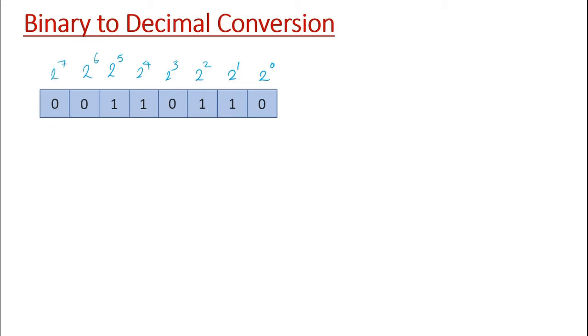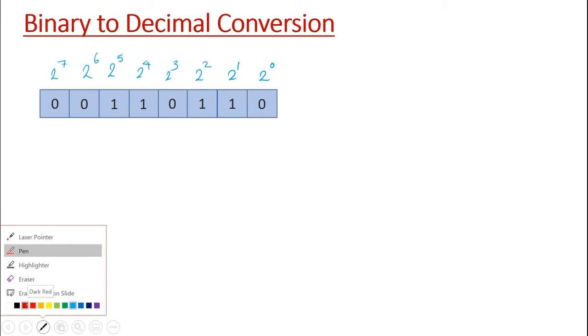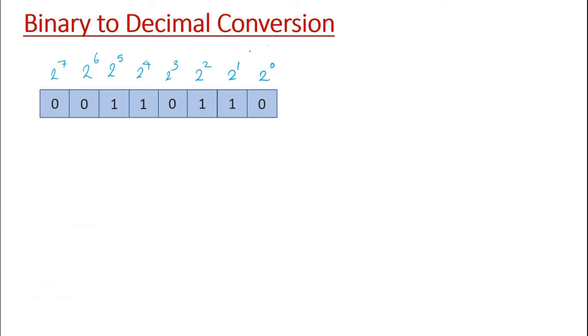Or for simplicity, you can also write the values, because 2 to the power 0 is 1. So you can write 1 here, 2 here, 4, 8, 16. 2 to the power 4 is 16, 2 to the power 5 is 32, 2 to the power 6 is 64, and 2 to the power 7 is 128.